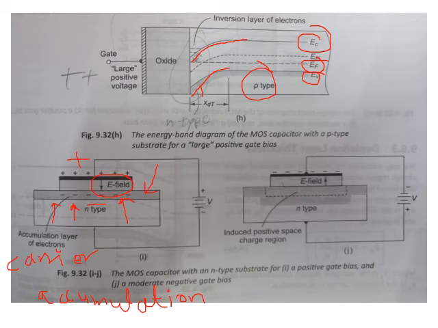Why is it called carrier accumulation? Because the carriers are being accumulated here. Understood? In the p-type material also, when I apply negative potential, the holes will be accumulated. That is also called carrier accumulation.